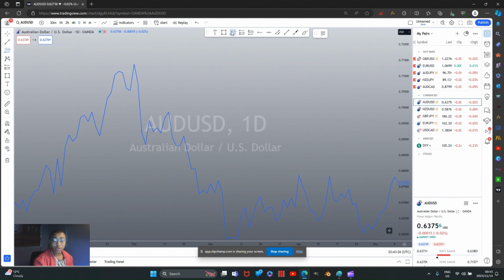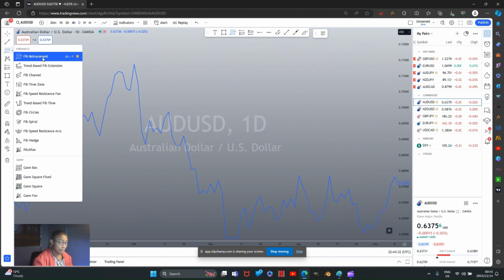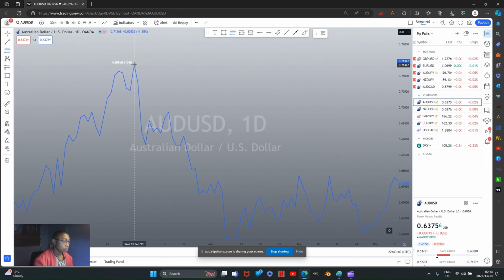If you don't know where the tool is on your TradingView, for one, you'll go to your left, right here, click here, and at the very top you'll see it's written Fib Retracement. Then you'll take the tool, and you'll click from the highs to the lows.